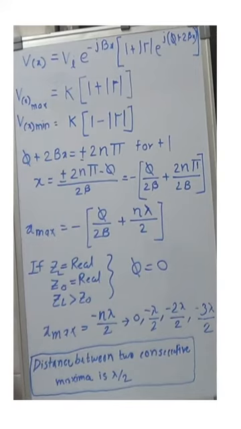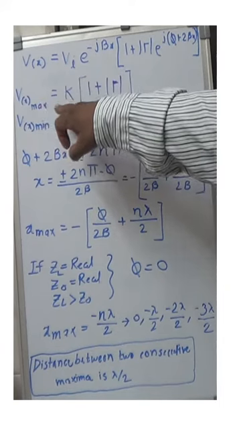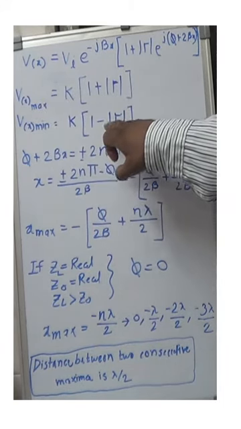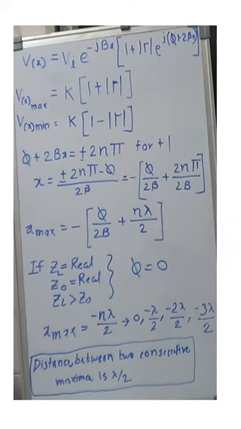So in the previous equation we have seen Vx is equal to Vi e raised to minus j beta x into bracket 1 plus gamma e raised to j phi plus 2 beta x, and we have seen the maximum and minimum value of e raised to j theta is plus or minus 1. So if you want to find the maximum value of Vx, you will get k into 1 plus gamma, and for V minimum, by putting minus 1 you will get 1 minus gamma.